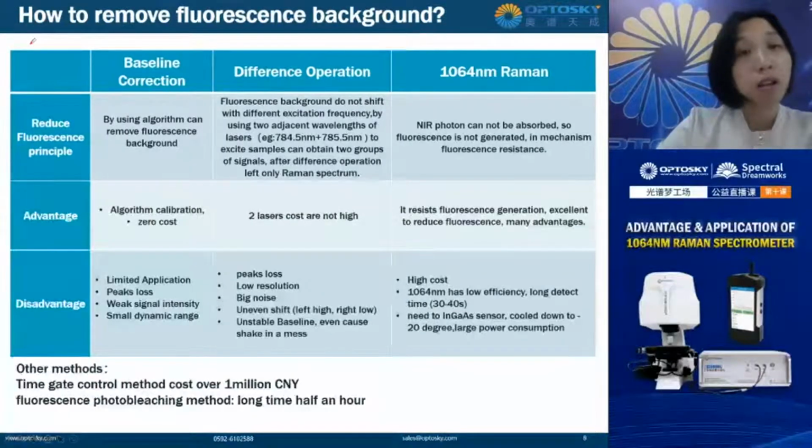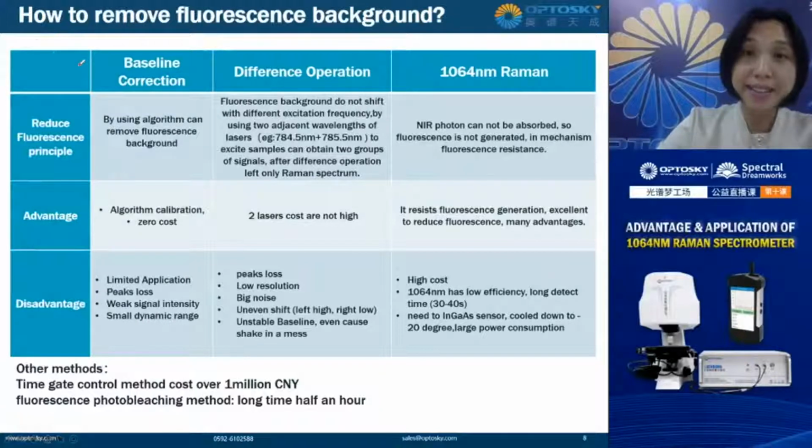Next we would like to introduce how to remove the fluorescence background. Firstly, we would like to introduce baseline correction. Baseline correction uses an algorithm to remove the fluorescence background. Most Optosky Raman spectrometers have this as a basic configuration because it only needs an algorithm and does not involve any cost.